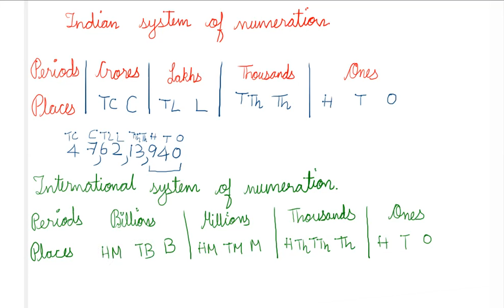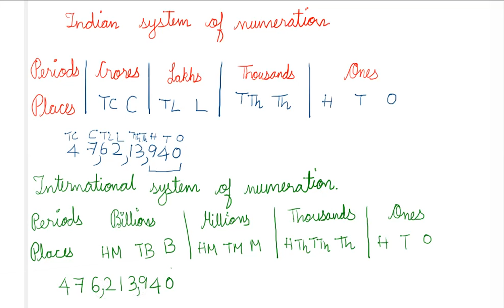Okay, so again, how to write or represent the international system of numeration in numbers. I will take the same example which I have given in the previous part: 476213940. Here, beginning from the right, a comma is put after the first 3 digits, and after every 3 digits we place a comma.